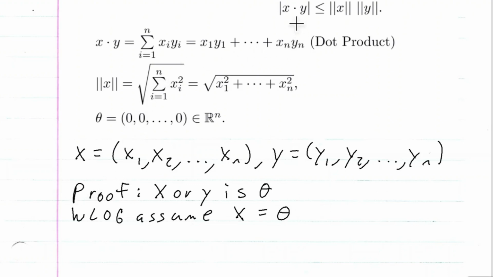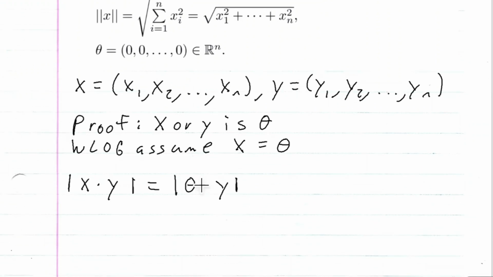So let's start with the piece we want. The absolute value of x dot y is the same thing as the absolute value of the 0 element in R to the n dot y. Using the dot product, this is equal to the sum from 1 to n of 0, because every component in that 0 element is 0, times y sub i.